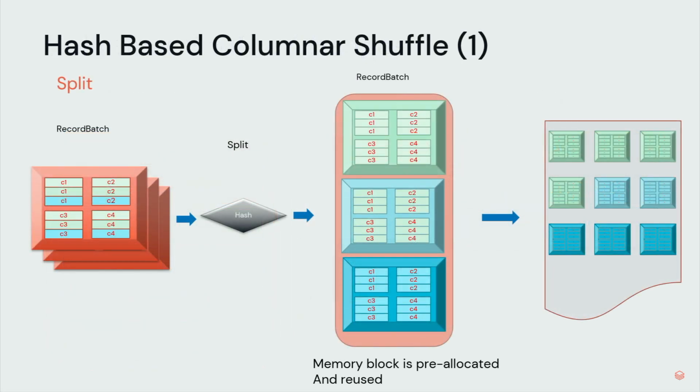And when we designed the columnar shuffle, firstly, we know that for the columnar data format, operators like hash join and hash aggregate are friendly to columnar processing. But one operator is really not friendly to columnar processing: the sort operator.